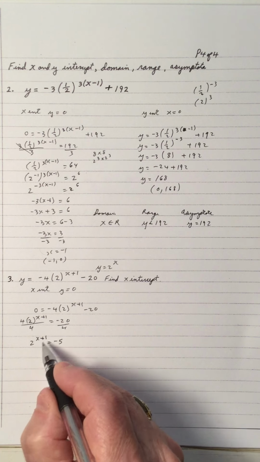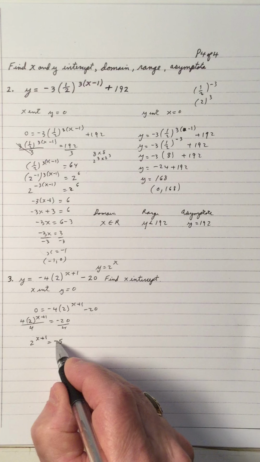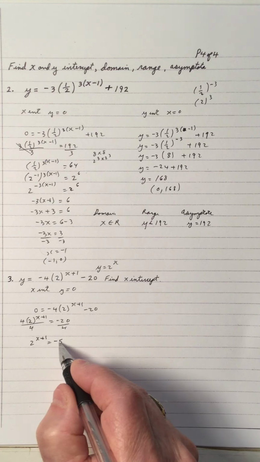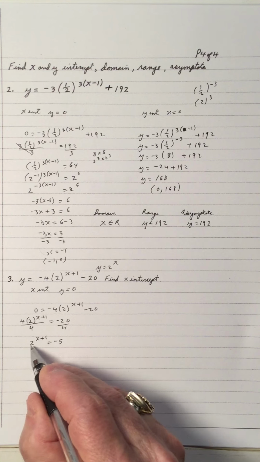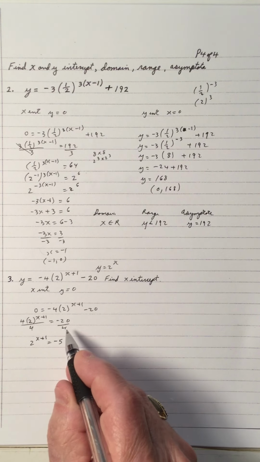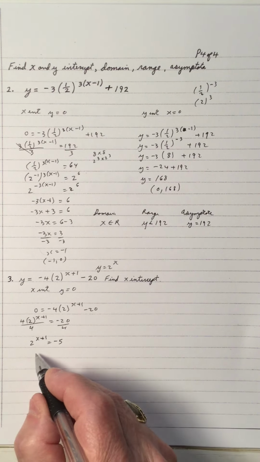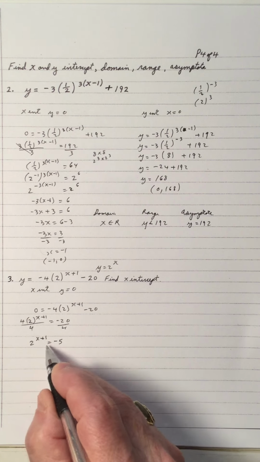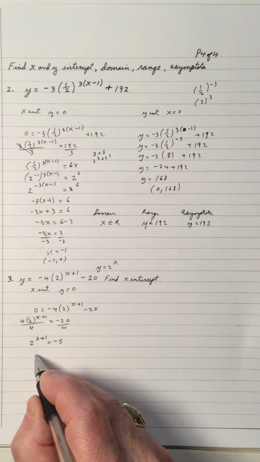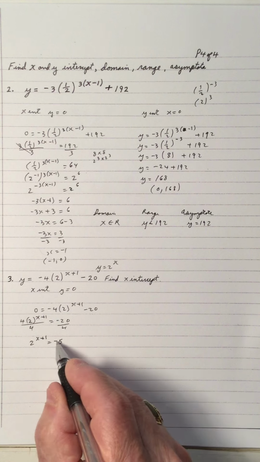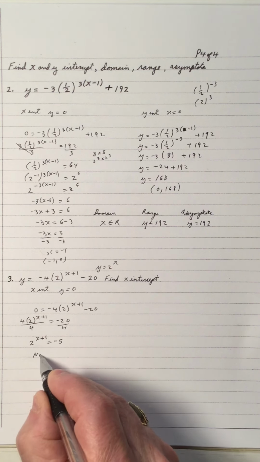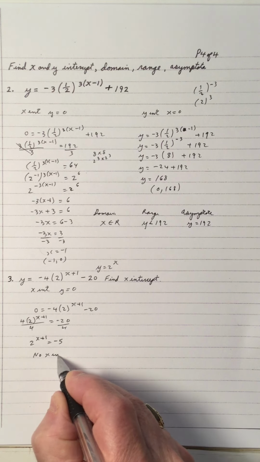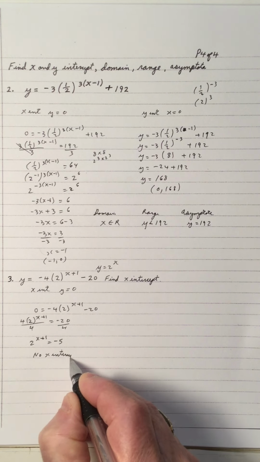But no matter what value of x I sub into this equation, this value will never be a negative 5, because any value of x that you sub in here, this will be positive, greater than 0. The values can never give a negative. So that means there's no x-intercept. This graph does not cut the x-axis.